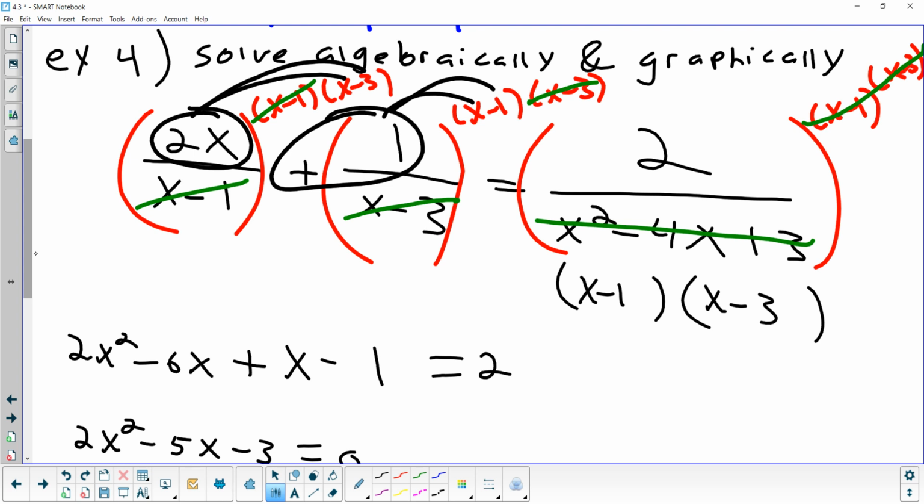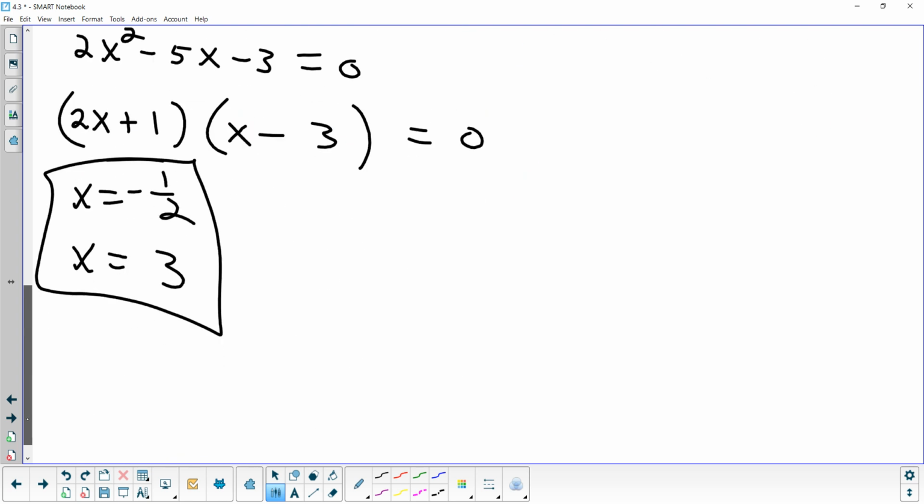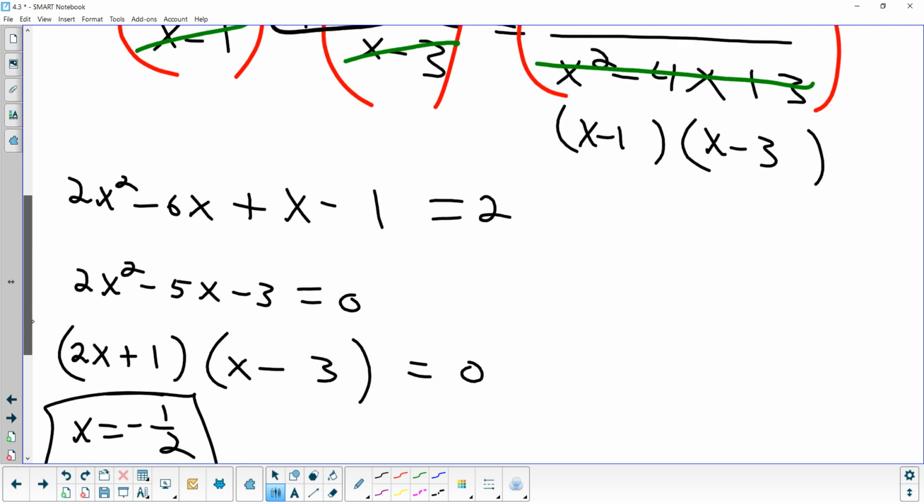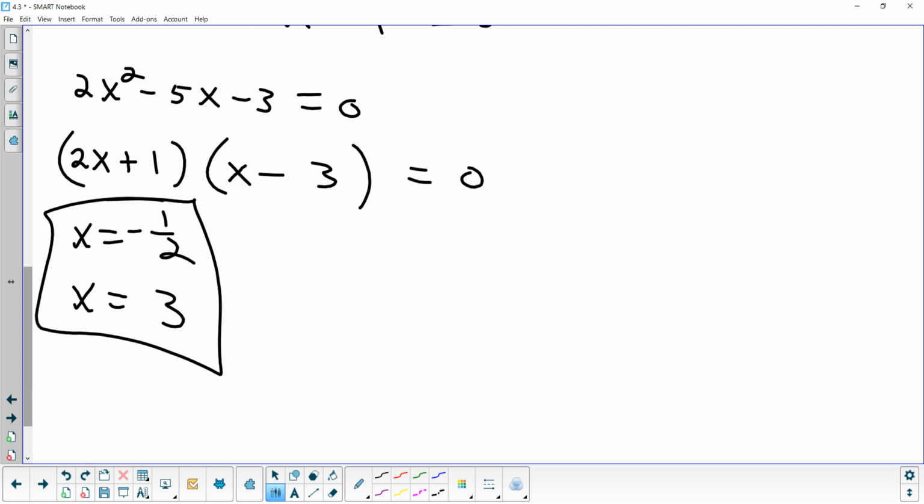Yeah, in the second fraction, the denominator is x minus 3. If you try to fill in 3 for x, you're going to have 3 minus 3. You can't do that. So that means 3 is an extraneous solution. You can check the other one, the negative 1/2, but it does work. Okay. So this one works. This one is extraneous.